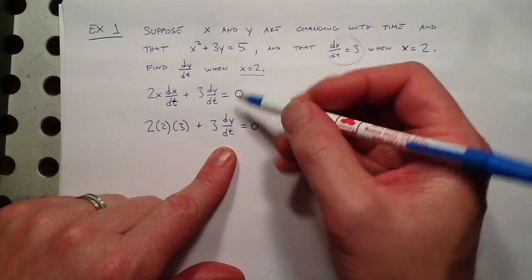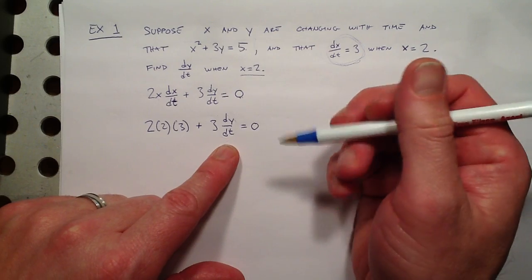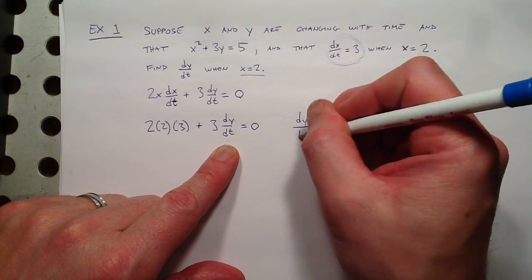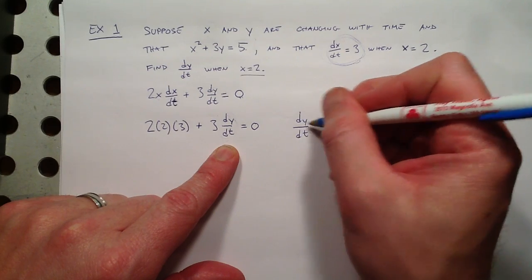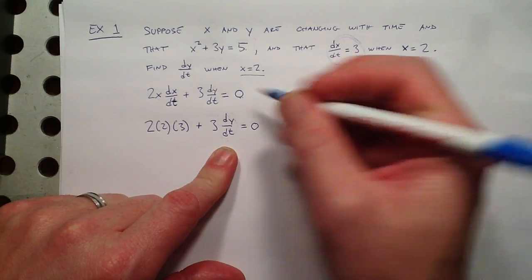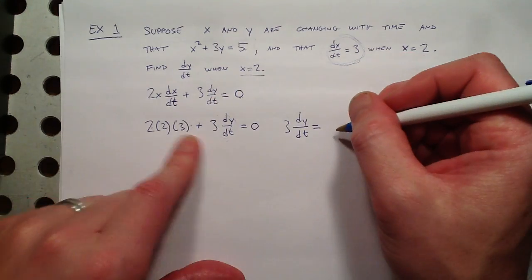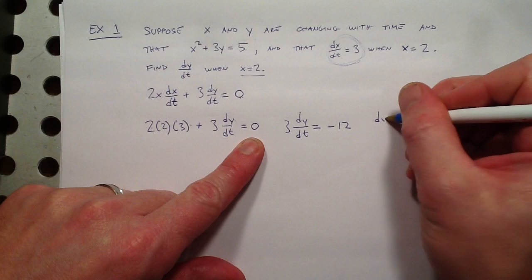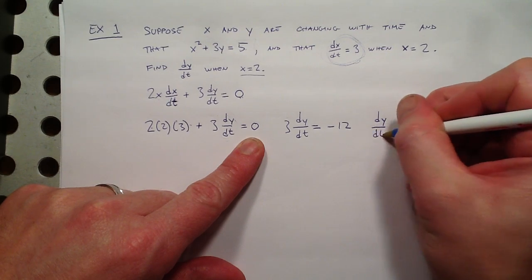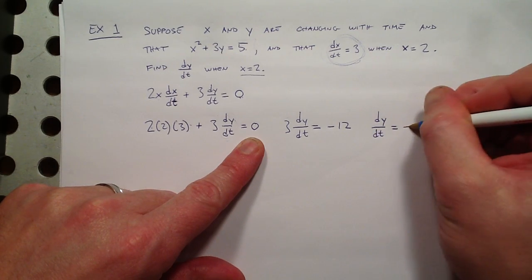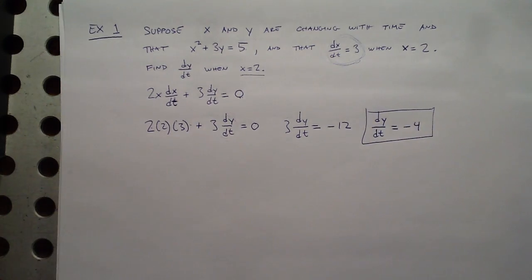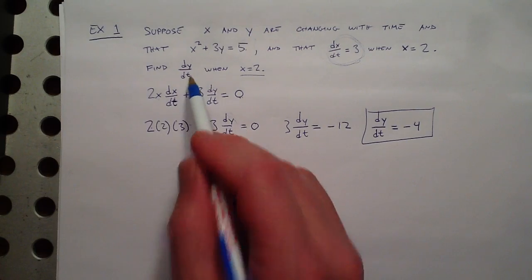And that looks good. We've got an equation with only one variable in it. Oh, and it did turn out to be nice after all. I'll do it in a couple steps here. This is 12. We'll subtract that over to the other side, doing some reassuring algebra 1 at this point. So dy/dt is -4. That's what they asked us for, find dy/dt.